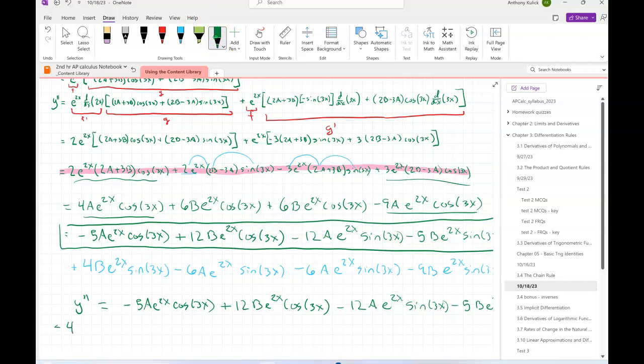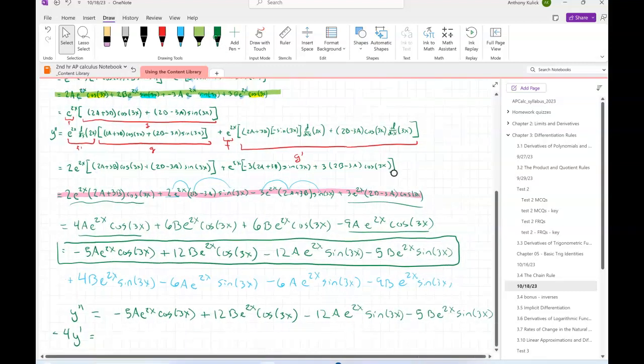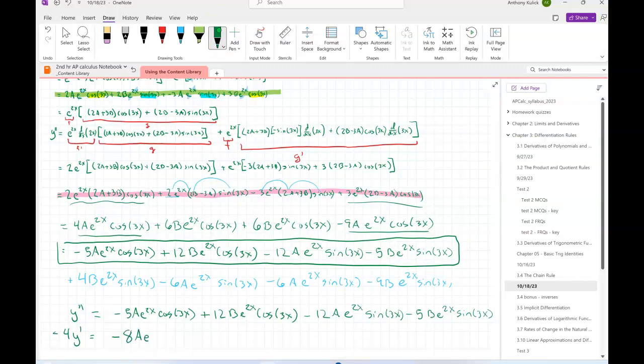minus 4y prime. So my y prime that I'm going to use is the green up there. So if I multiply minus 4 through on that, I have minus 8a e to the 2x cosine 3x.